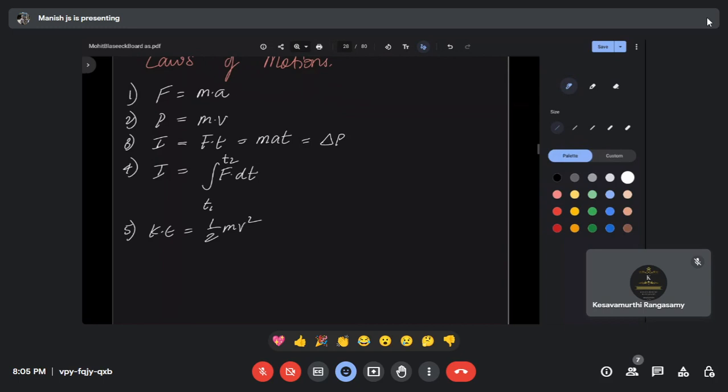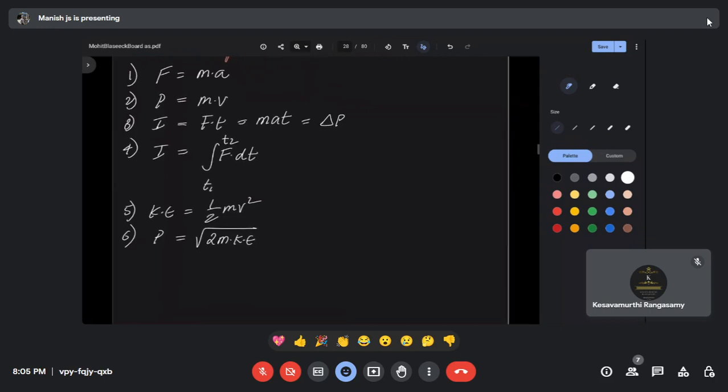So what will be momentum in terms of kinetic energy? It can be written as under root 2 m KE. This is the relation between momentum and kinetic energy, where P is under root 2 m KE, m is mass, and KE is kinetic energy. This is an important relation.